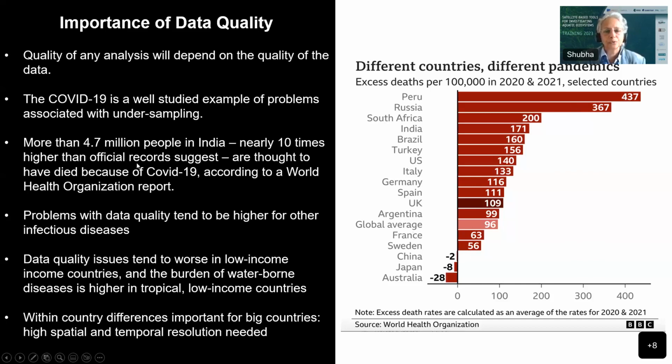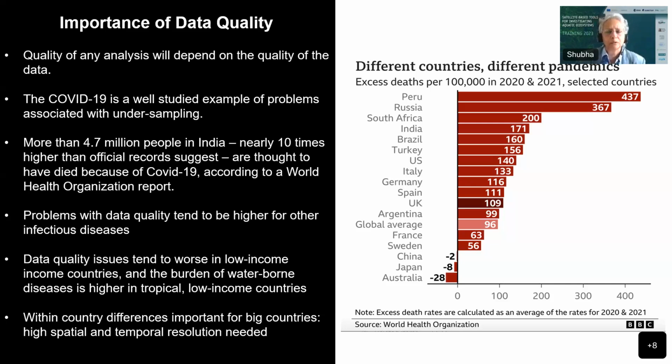But they also say that all these countries, pretty much all countries, underreported the diseases. With respect to India, they said that 4.7 million people are thought to have died because of COVID-19, which is about 10 times higher than India's official records. And of course, India has disputed the claim by WHO.